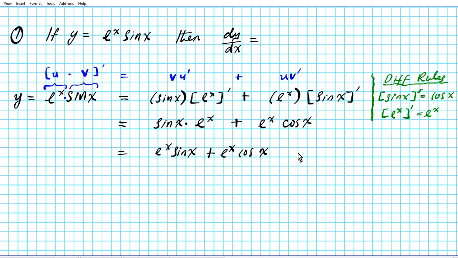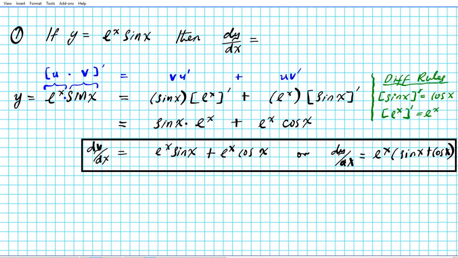Okay, so that's the answer, or you can rewrite it by factoring out the e to the x components. You can write it as dy/dx equals e to the x times (sine x plus cosine x). Whichever way you want to write it, that's the derivative of the function by applying the product rule.